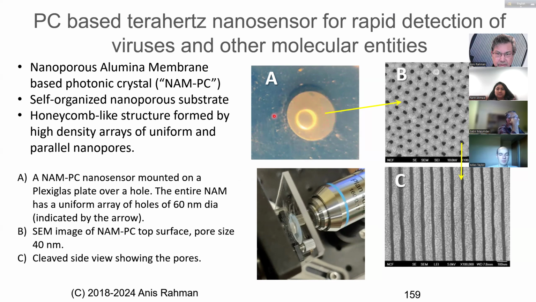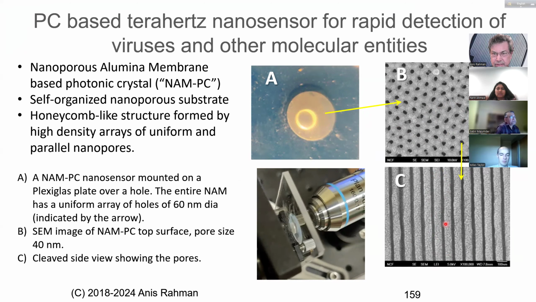They start from aluminum foil, then do some chemistry on it, and eventually these regular holes are made in that structure. This is an SEM image of the holes under a microscope.